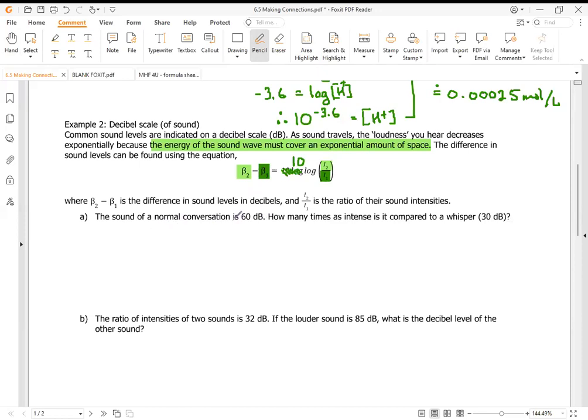The sound of a normal conversation is 60 decibels. How many times as intense is it compared to a whisper?